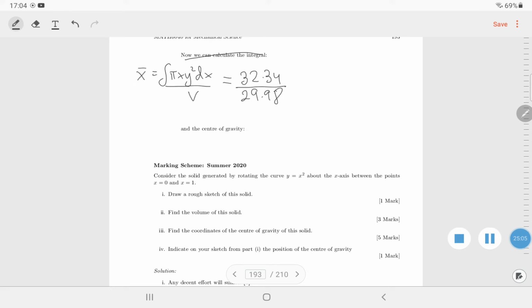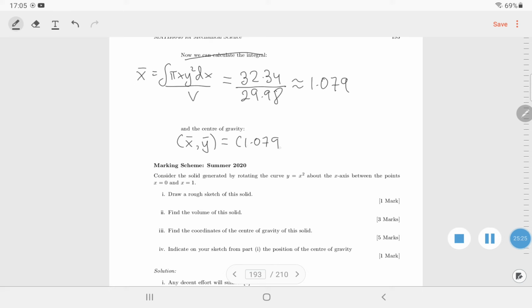So we'll go to the calculator there. 32.34 divided by 29.98, and we're getting 1.079. And so the center of gravity is 1.079.